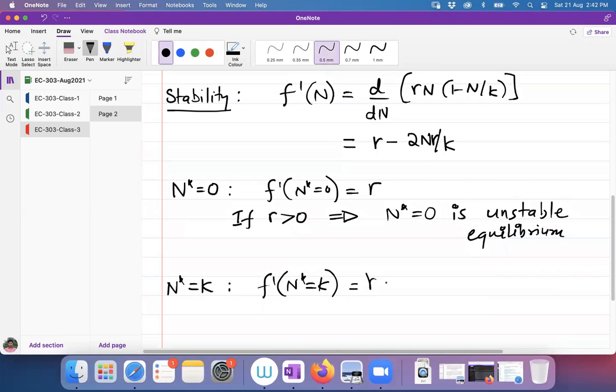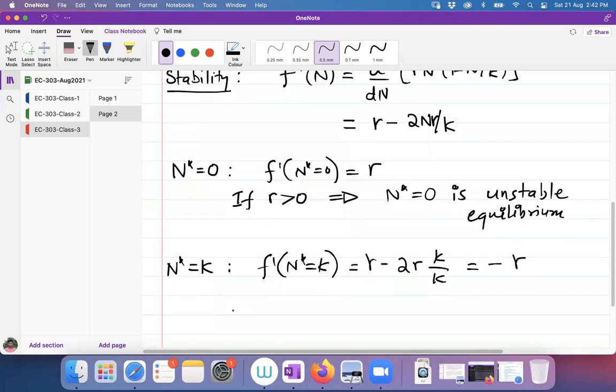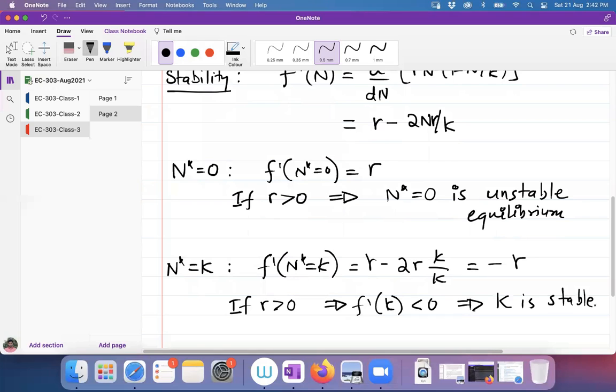We get R minus 2R k by k, that is minus R. Right? Now, again, if R is greater than 0, this implies that f prime of k is less than 0. This means that k, the carrying capacity, is a stable equilibrium.